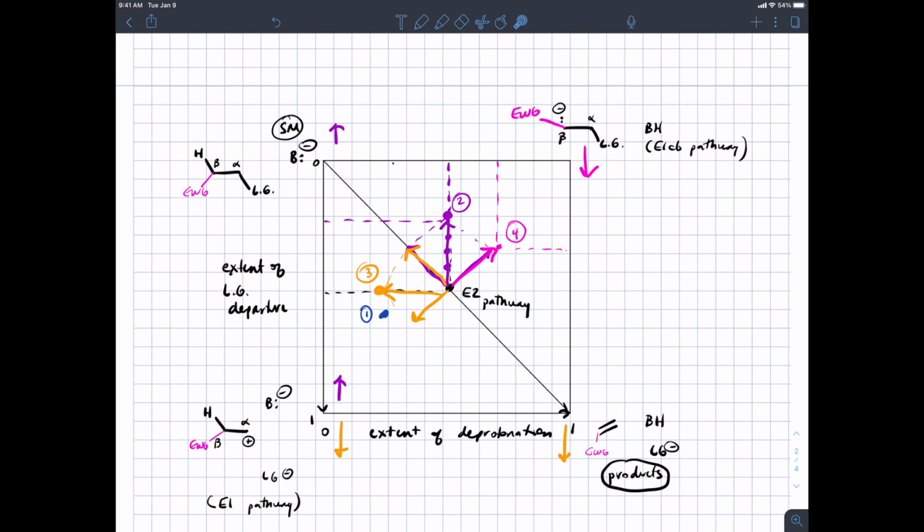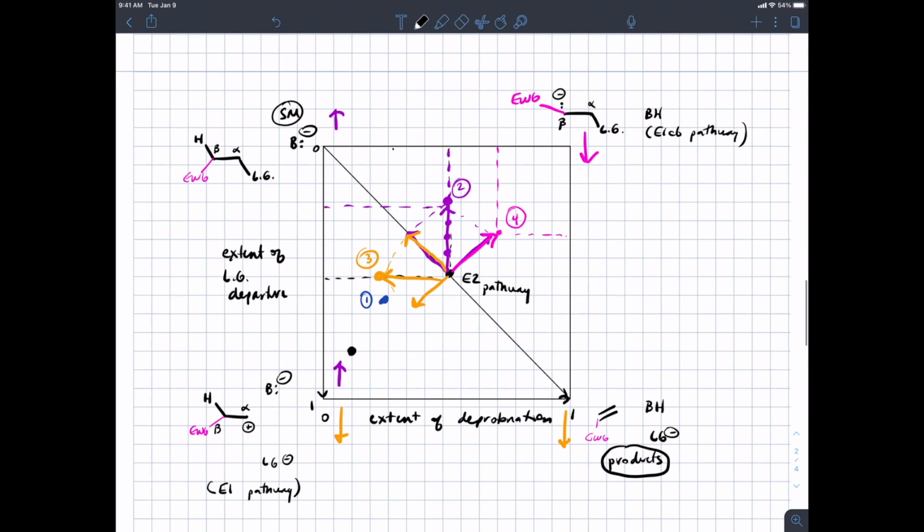Well, I suppose all of these are relative things. Like we started with a transition state that was right in the middle. We didn't necessarily have to. So suppose we started with a transition state that was here, fairly E1-like. Now let's talk about what, say, using a stronger base would do, right?